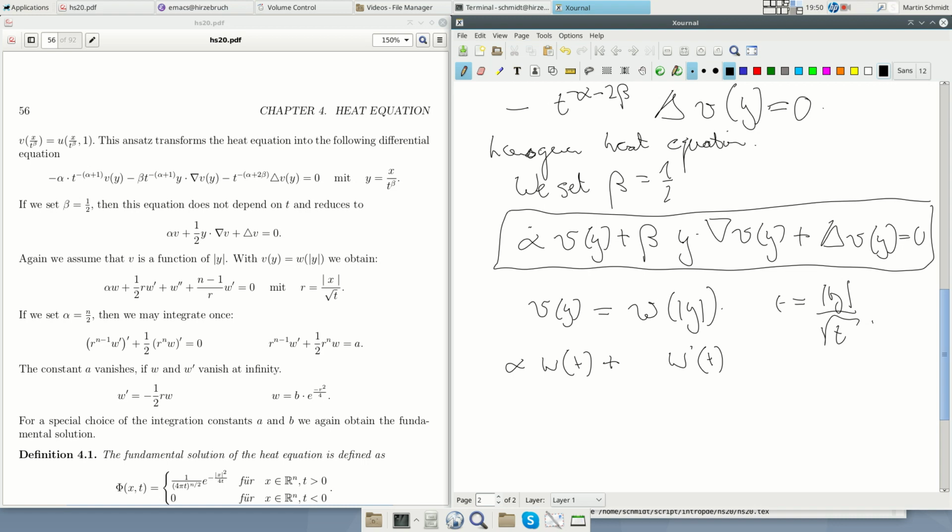We get y squared. Also the divergence of y v of y is the same as v prime of r times y divided by the absolute value of y.